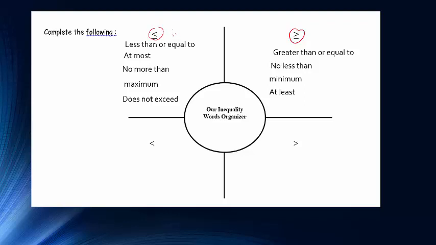And the only other thing I'd like you to add in is to circle these symbols and just write a little note that these are considered inclusive. So these are your two inclusive symbols. And off to the side, we're going to define inclusive. Inclusive means that the number itself is a solution.